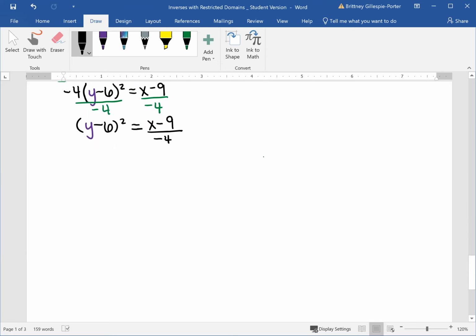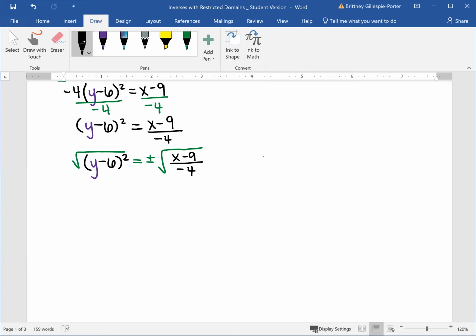We need to get y by itself, and it's trapped within that parentheses squared. So we're going to square root both sides of our equation, remembering the plus or minus on the right-hand side. So we're going to have the (y minus 6) quantity squared under the radical on the left. On the right, (x minus 9) all over -4.